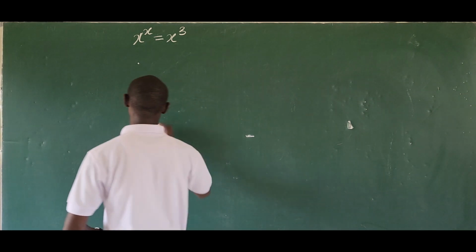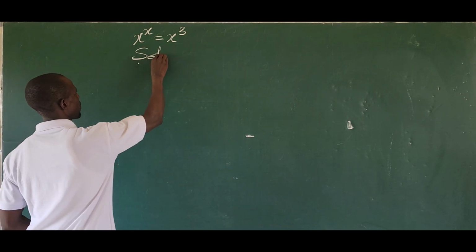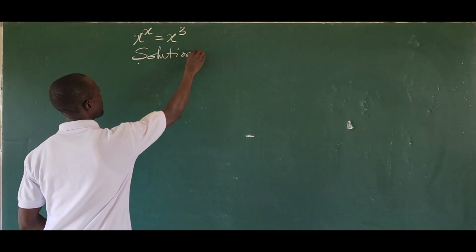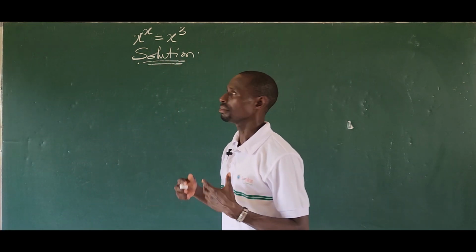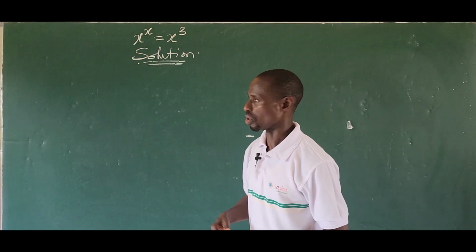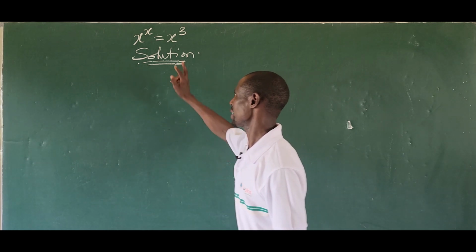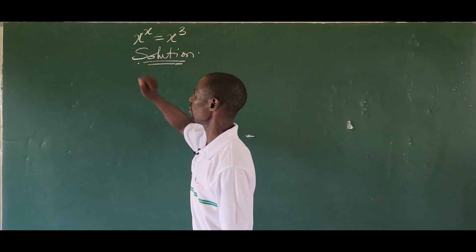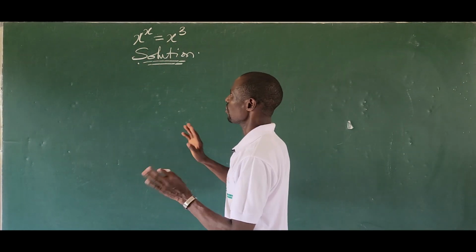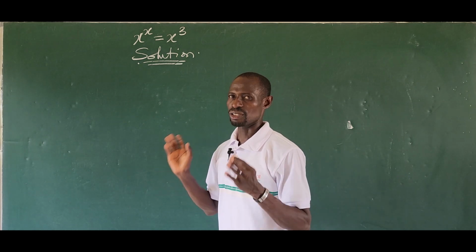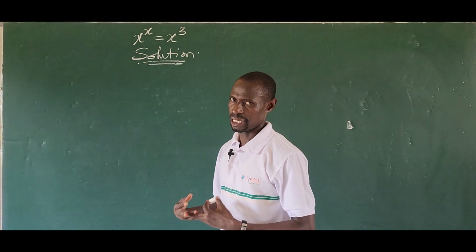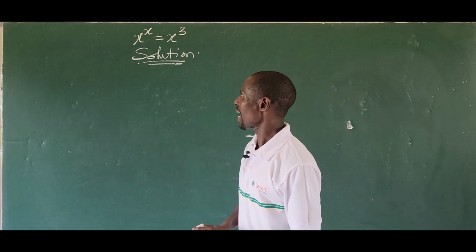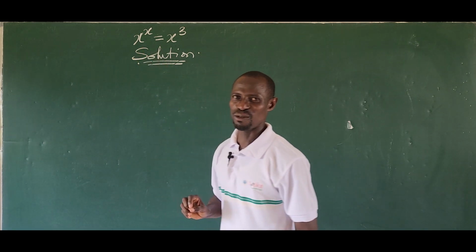So let's take our solution here. We can solve this using 2 different approaches or 2 methods. We can either move this to this side of the equation, then we factor out x to the power of x or x to the power of 3, or we can log both sides of the equation.